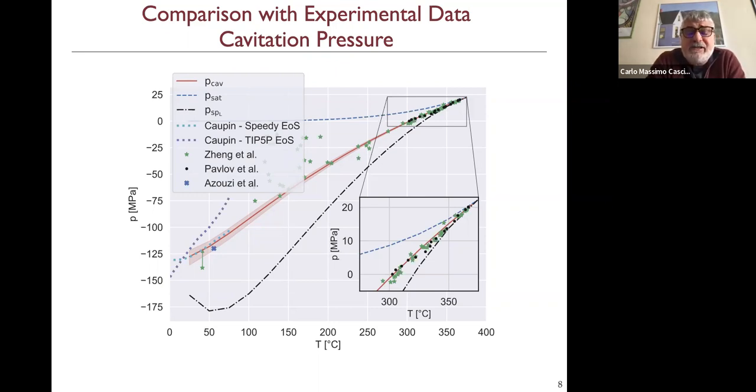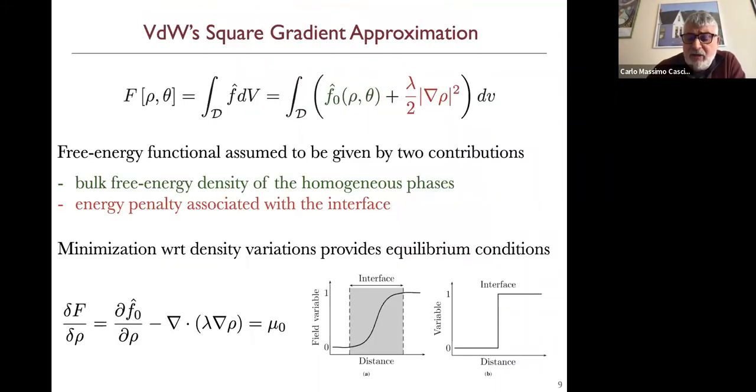So the first question is, can we do simulations, or can we apply numerical methods, in order to find out what is the limiting cavitation pressure for ultrapure water? For that, we need, first of all, a model. Now we are dealing with a multi-phase system, so it is not a homogeneous system, and this means that the free energy of this object is going to be a functional of certain fields.